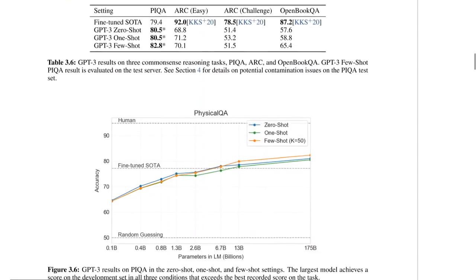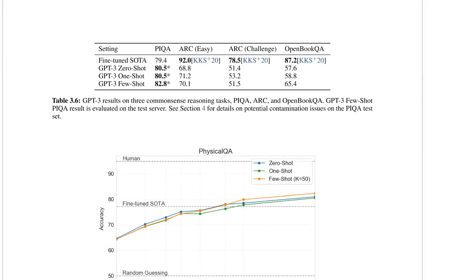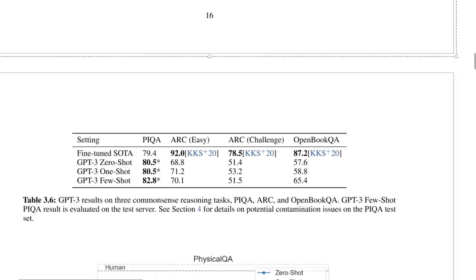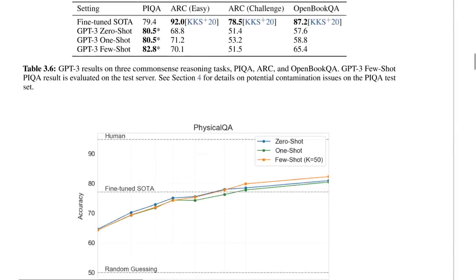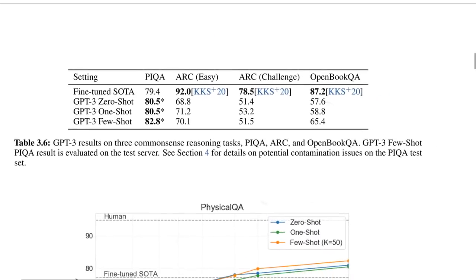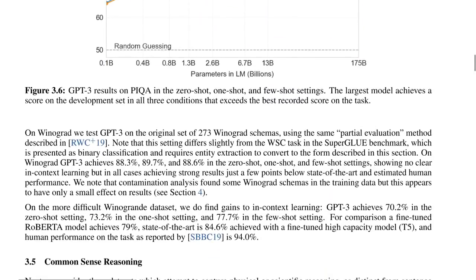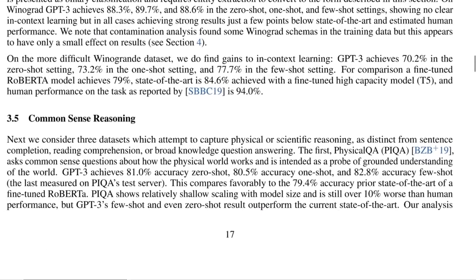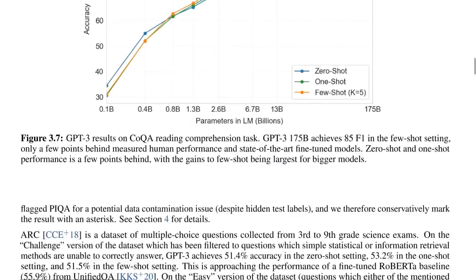So we'll get into the more interesting things right here. This is physical QA, where it is a bit of common sense reasoning.